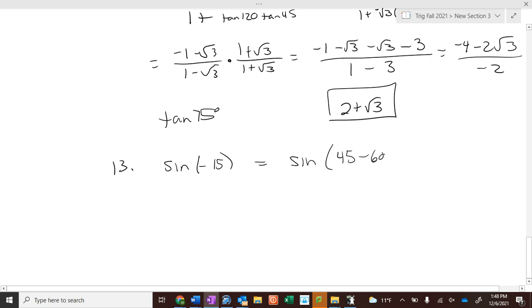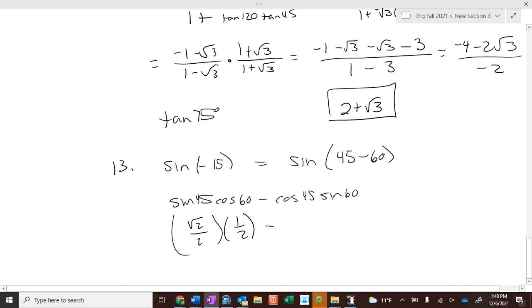45 minus 60. Or you could go 30 minus 45. Either way. So it's the sine of 45 cosine of 60 minus cosine of 45 sine of 60. Sine of 45 is square root 2 over 2. Cosine of 60 is 1/2.